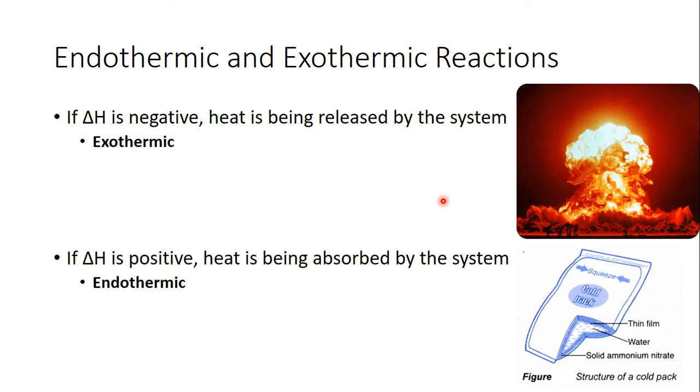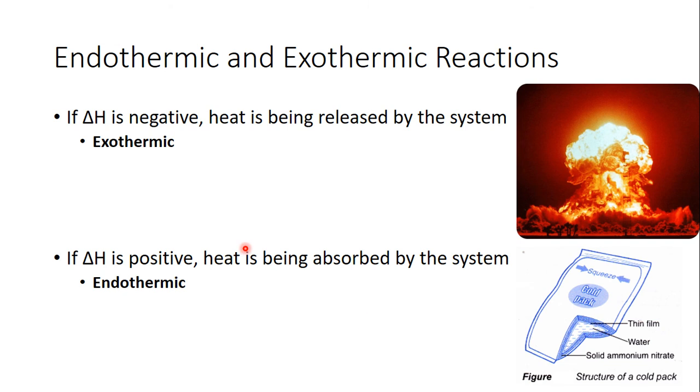It's endothermic. So, the way cold packs work is that you have water, a film, and then a salt. You break the film and the salt goes into the water, and that absorbs heat from the surroundings, and it will be endothermic. Delta H is positive.